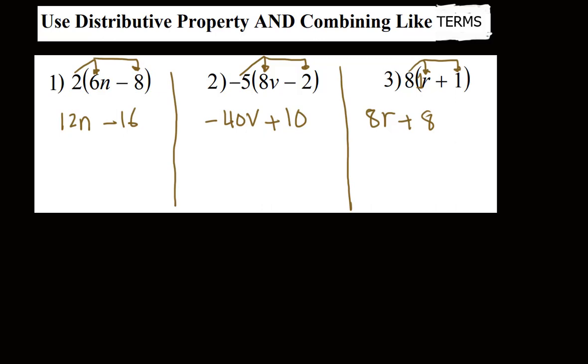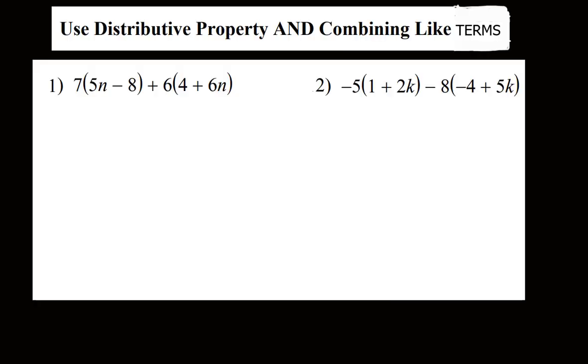So knowing that, let's do two different examples that will show us how to combine like terms. Because the one that we did earlier, there's nothing to combine. But let's see if we can find something that we can combine. This one involves two different operations that we add. Each one involves using the distributive property. So 7 times 5n is 35n.